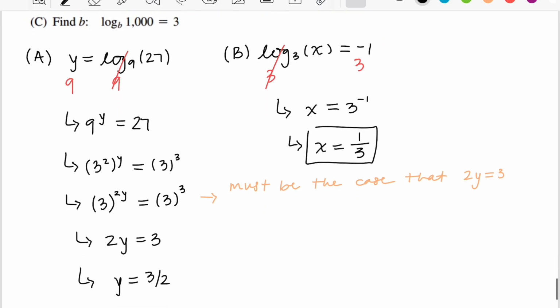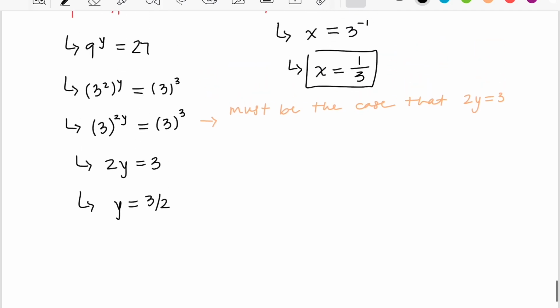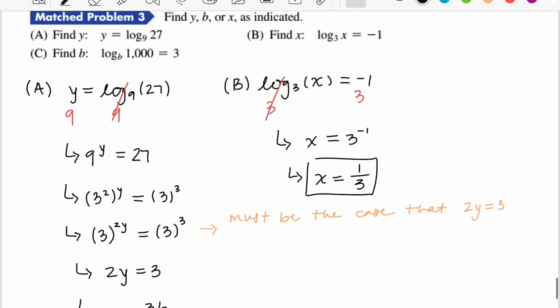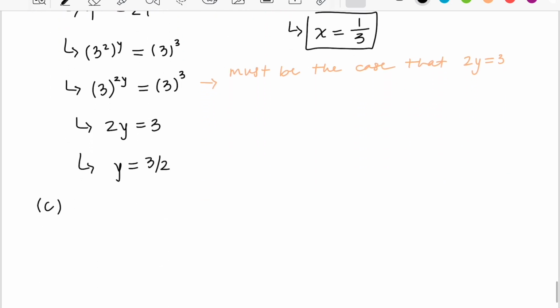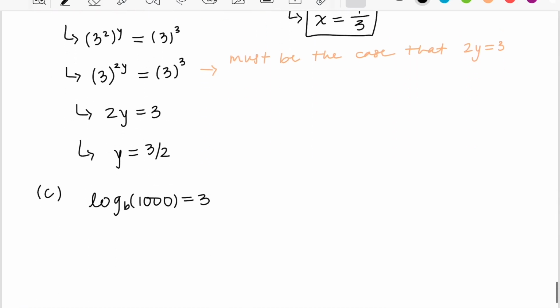Alright, so pretty simple. Let's look at our last example, C. This is log base b of 1000 is equal to 3, and we want to find b.